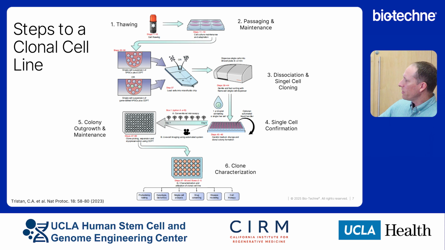But if you're editing cells, then you would go into the single cell dispensing, and then confirming single cells in the plate using microscopy, following that clonal outgrowth and maintenance, and then expansion and clone characterization.